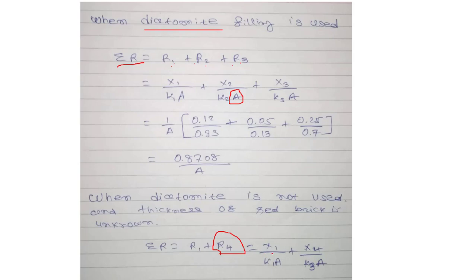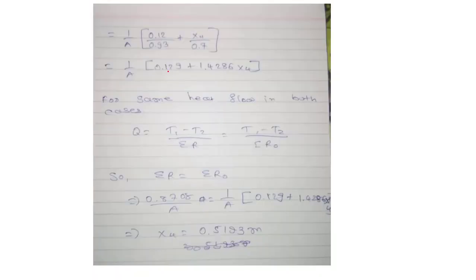We know the resistance equation, it is X upon K, so X1 upon K1A plus X4 upon K3A. We are putting all values in this equation, and we will get the equation of resistance without diatomite.